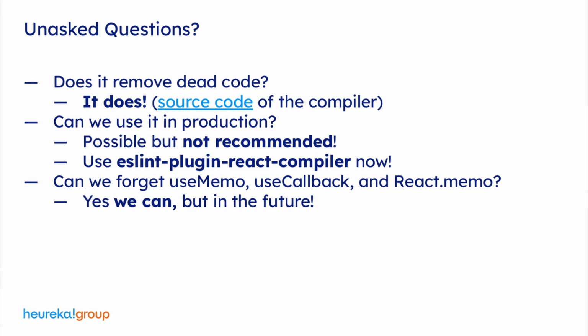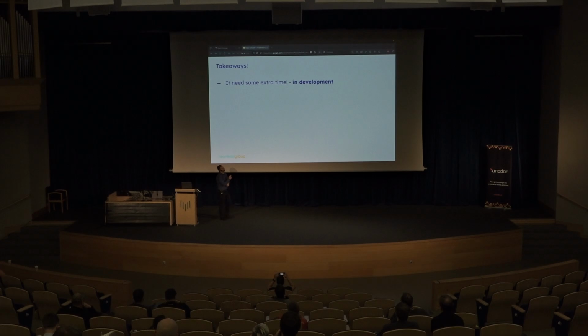Common takeaways from this talk. It needs some extra time. It's still in development. We should still know how manual memoization works, at least. We have to write compatible code for the React compiler, following the rules of React and React hooks. In the future, it will change the way of designing React apps, definitely.